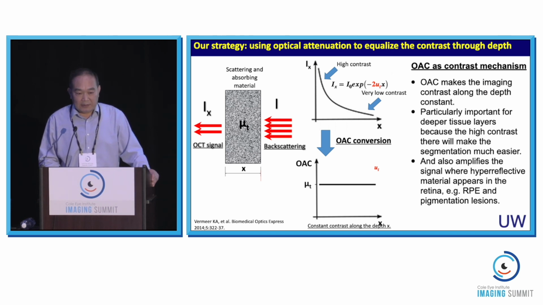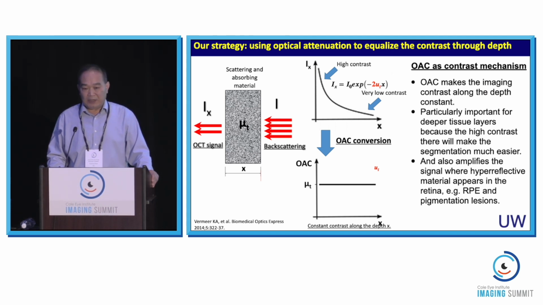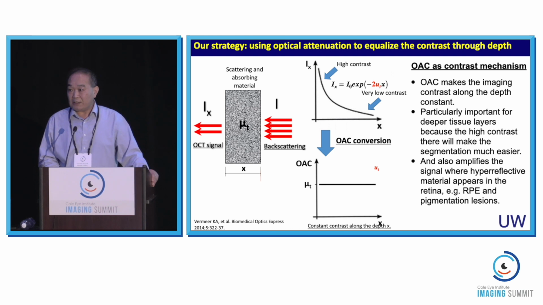And so the strategy we use is to convert the OCT scans into the optical attenuation coefficient representation of the OCT scans. We call it OAC scans. And in the OAC scans, it will amplify the signal in the RPE complex and also hypopigmentation and also the calcified drusen, which really gives you the ability to automate the process to quantify.